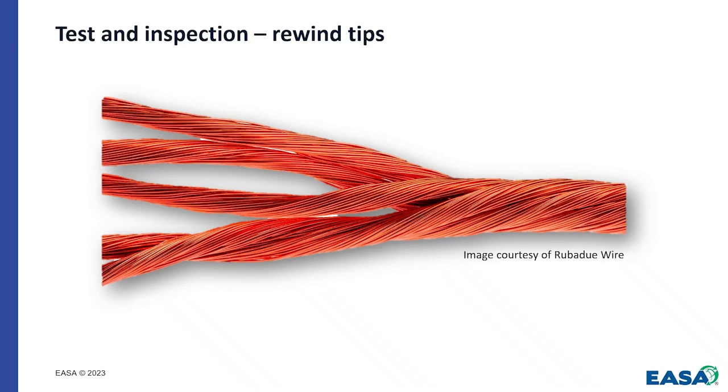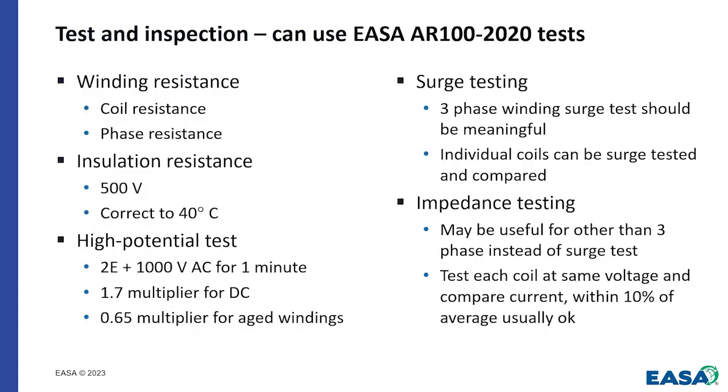On these machines, you can use the same tests we use on all induction machine windings. At the end of the day, we've got a balanced 3-phase winding, so we can compare coil resistance and measure line-to-line resistance and look for balance there.